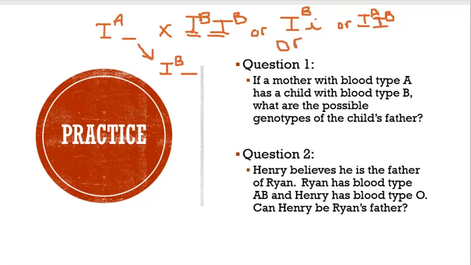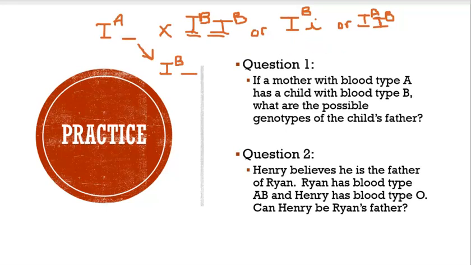Or what if he was O? Would that work? If he was O, he would have two recessive alleles. So that wouldn't work, because he's got to get that B from the dad since he's not getting it from the mom at all. So O is not going to work.